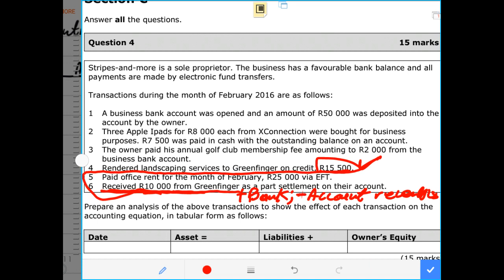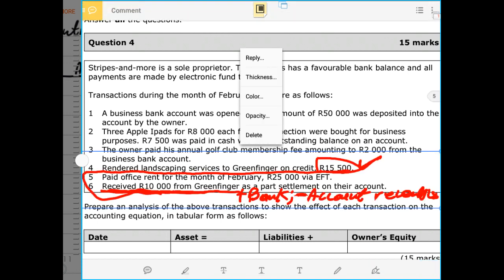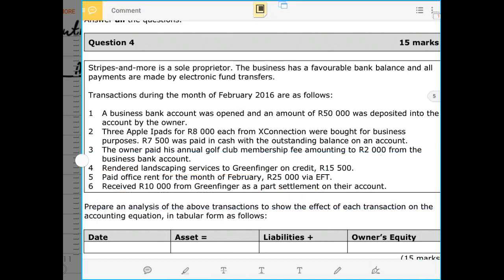But when the customer is paying, we expect the accounts receivable to be decreasing by the same amount the customer paid. And remember, accounts receivable is an asset, so it will be decreasing by 10,000, and bank as an asset will also be increasing by the same amount of 10,000 because we received 10,000 from Greenfinger in part settlement of the account that they owed.